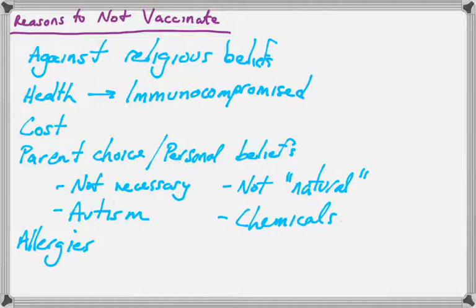Sexual transmission, if we're talking about the forms that cause cervical cancer. Some believed that it would promote sexual promiscuity among 13 to 19-year-old females. Okay? And actually there's no evidence to that whatsoever. So that would be another reason why parents might choose not to have their children vaccinated as well.